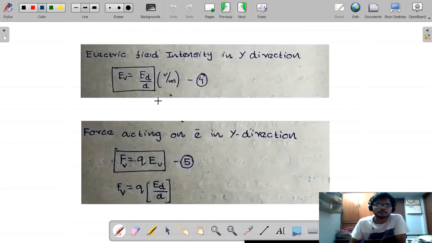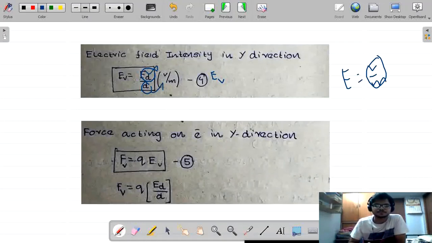Now we know that electric field intensity has a unit of volt per meter. Here ED indicates volts and d indicates the distance between the plates. So EV can be written as ED by d.